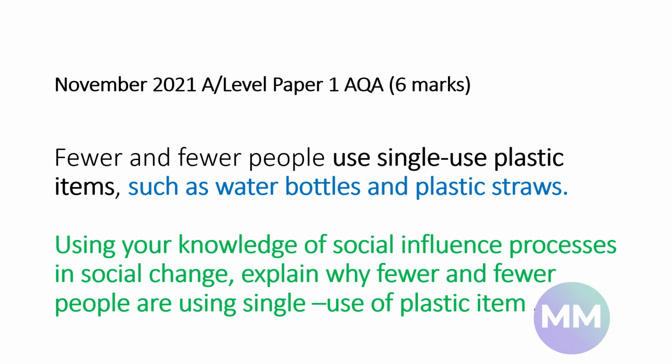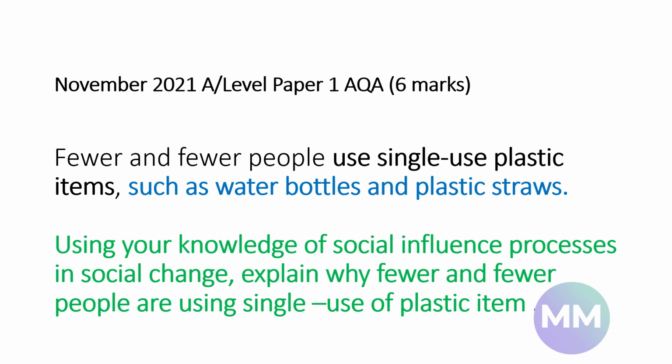Generally, from your general knowledge, even if you're not studying psychology, you can still answer the question, isn't it? But you need to use the social influence terms and explain the question. That's what they are expecting, because they want to see how far you understand this topic.